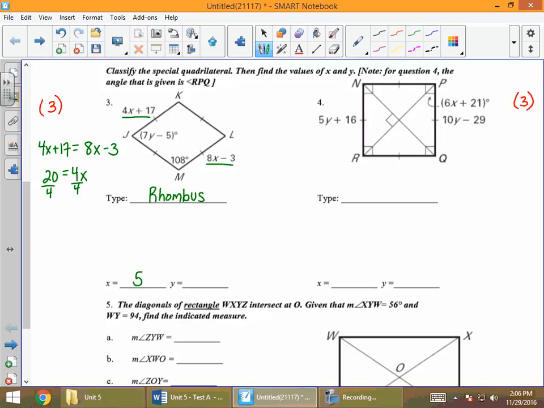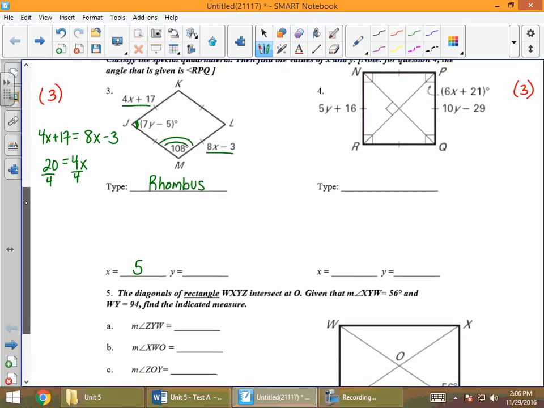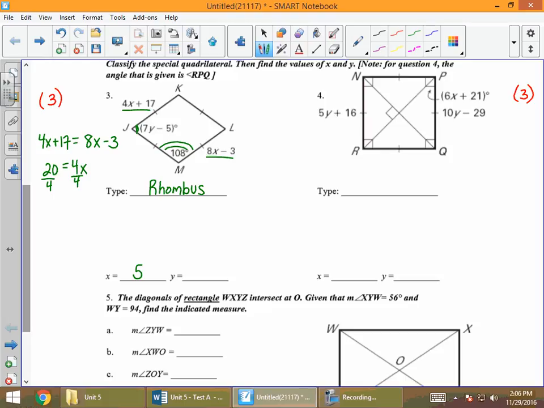And for y, consecutive interior angles are not congruent. They are supplementary. So I'm going to jump in here and say that 7y minus 5 plus the 108 has to equal 180.